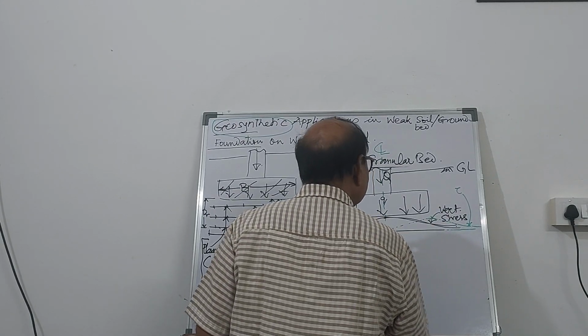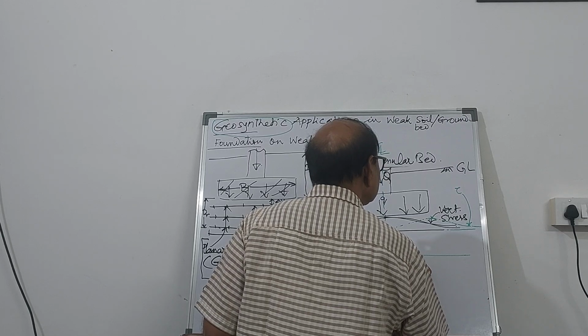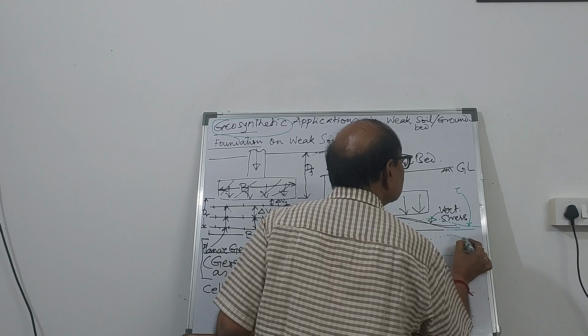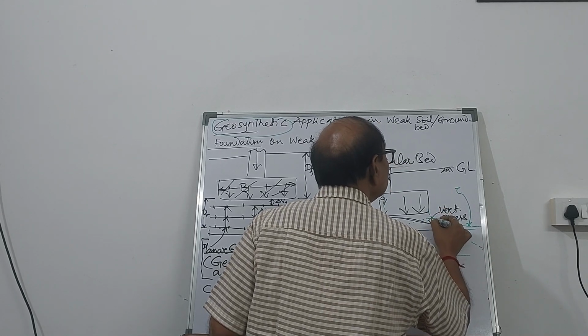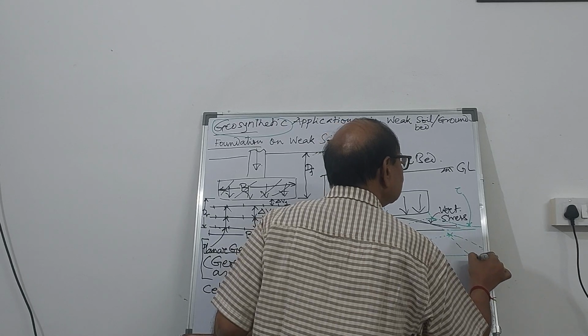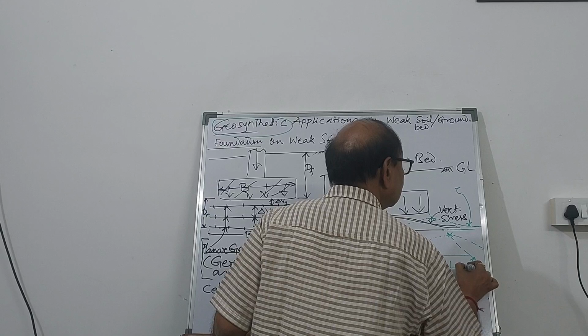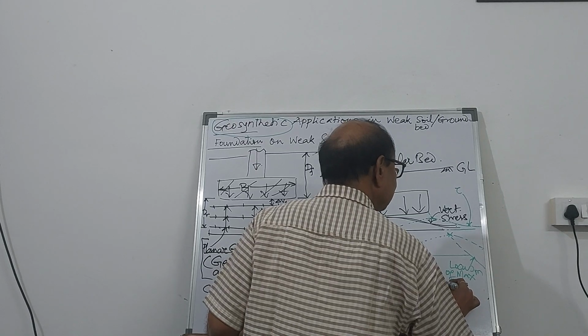If you go to another layer and plot the shear, it is maximum somewhere here. And if you join, this is the locus of maximum shear stress.